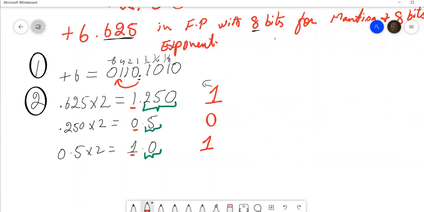So it means my exponent is going to be 3. And when I represent this in a binary number, my exponent will be in 8 bits: 0, 0, 0, 0, 0, 0, 1, 1.